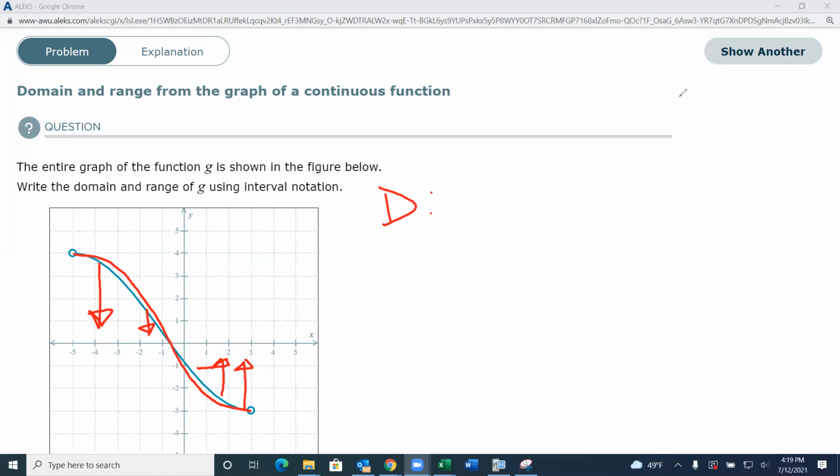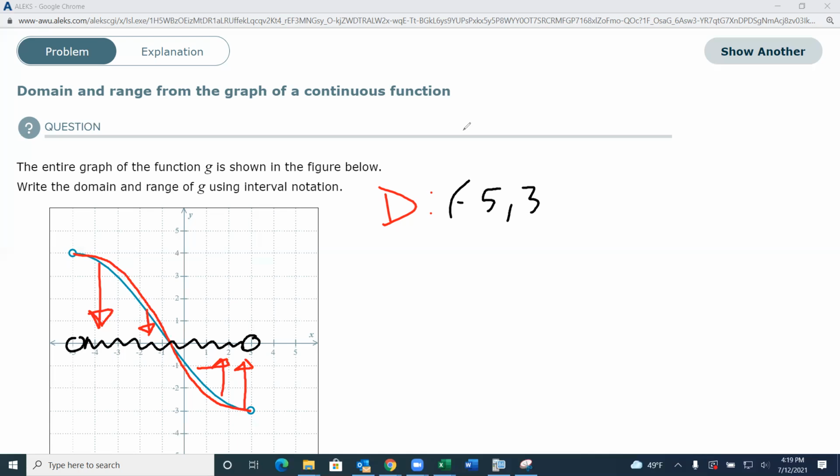Well, it would cover everything from there to there, which would be everything from -5 to 3. Okay, so -5 to 3, and they wanted interval notation.